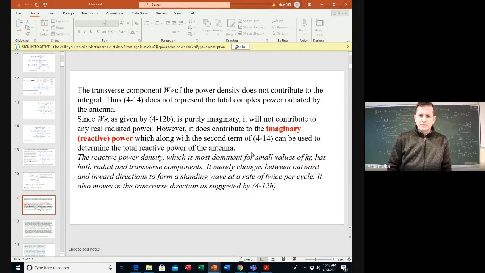It changes very little between outward and inward directions to form a standing wave at a rate of twice per cycle. It also moves in the transverse direction as suggested by the equation that we saw above.